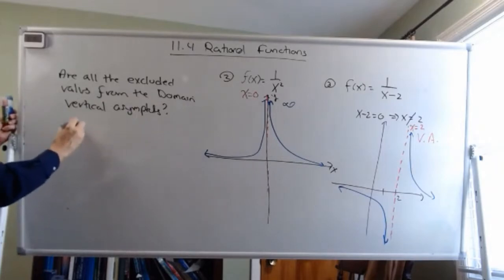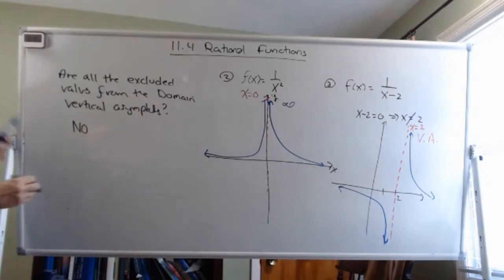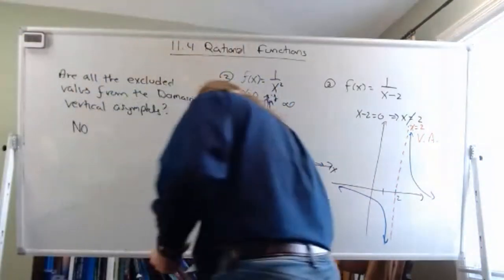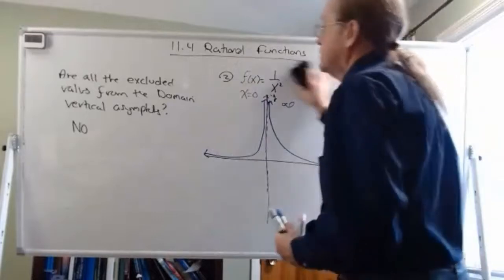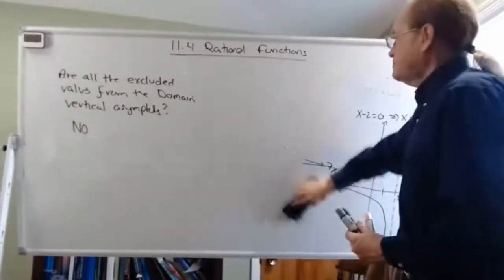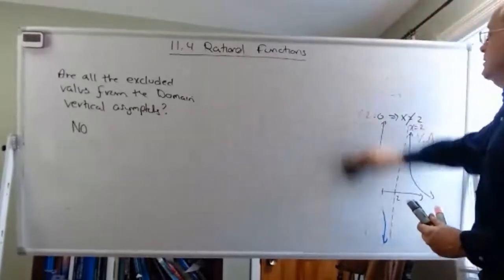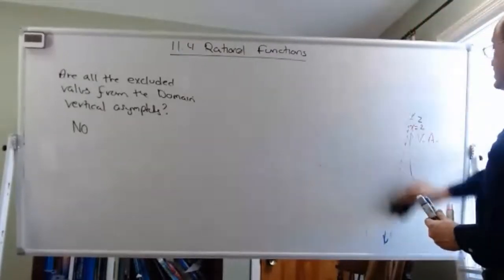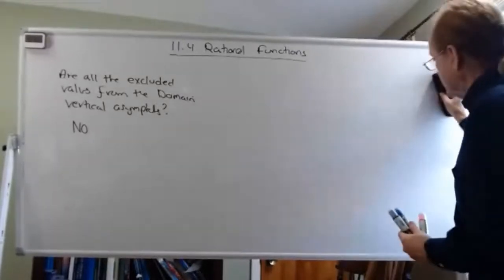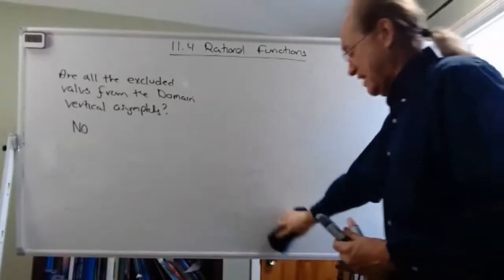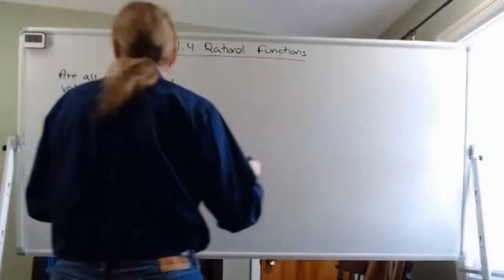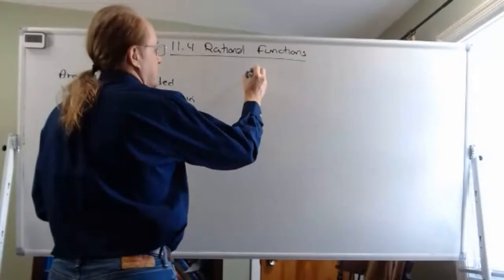And I'm going to tell you right now it's no, and I'm going to demonstrate how and why. We're going to look at another example over here. Just because the function is undefined does not mean you have hit a vertical asymptote. There's a certain condition that has to be met. So let's consider this example over here.